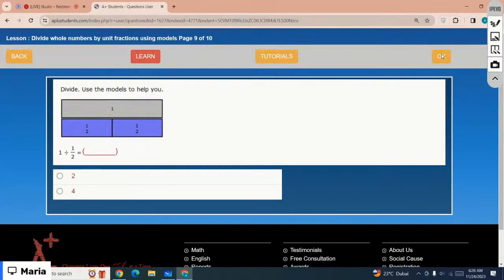Okay, the next one is divide. Use the models to help you. 1 divided by 1 half equals.